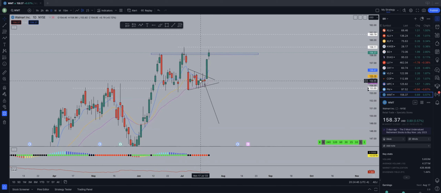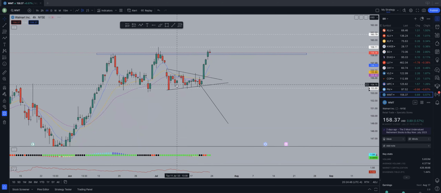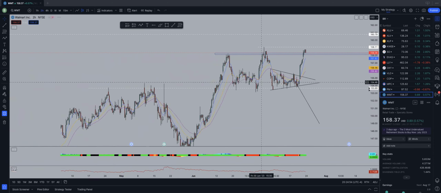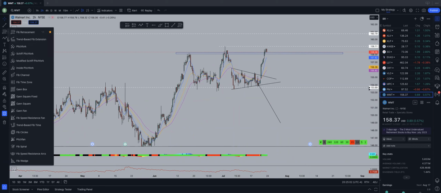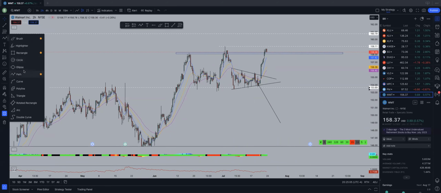If we go look at the lower time frames, you can really tell it's a consolidation phase, right? And then notice, add on top of that, where's that little drawing that I like to use? Right here.